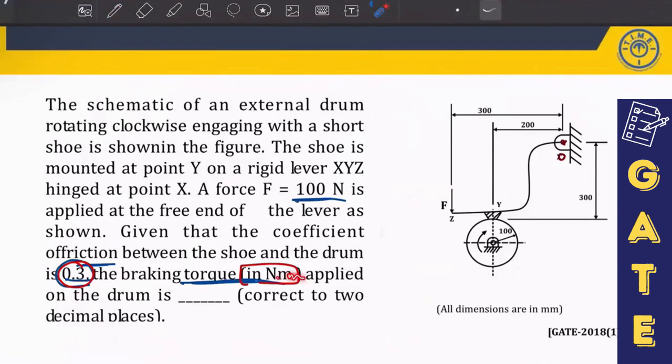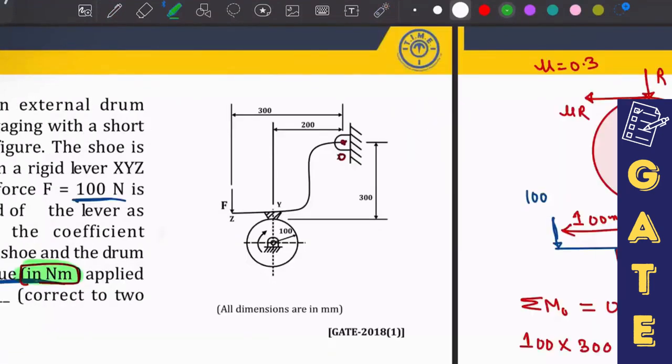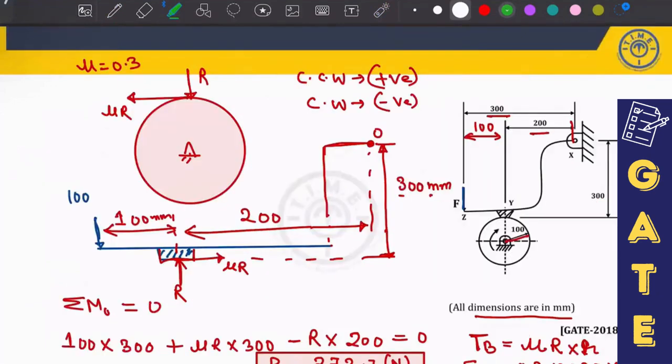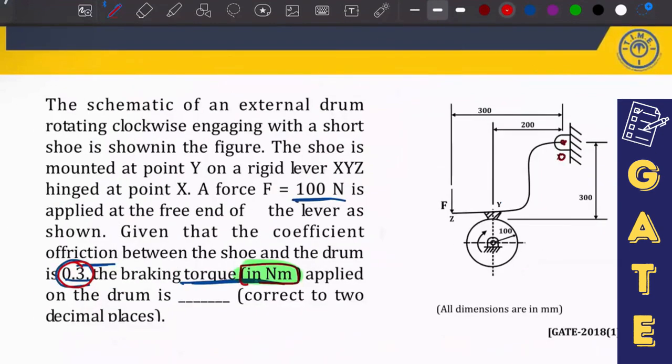If I put Newton millimeter, the answer will change. Most students make the mistake here only. How much are you getting? 8.18. Very good. So 8.18 Newton meter is the braking torque.